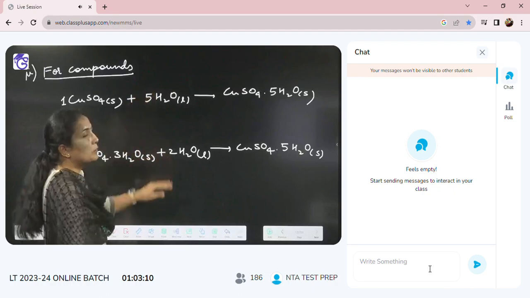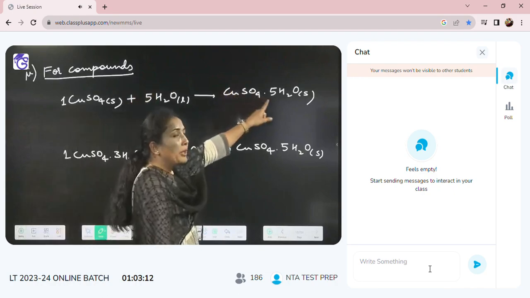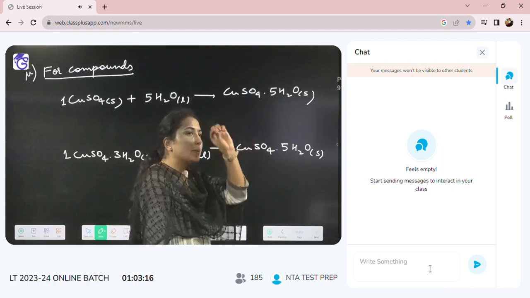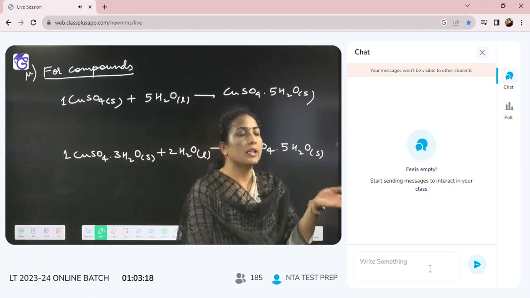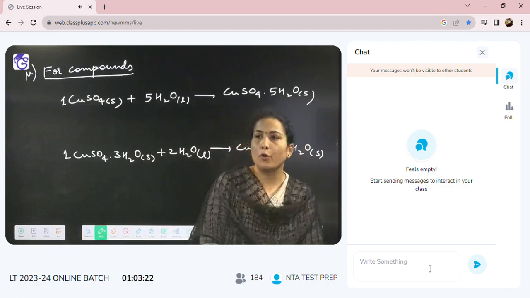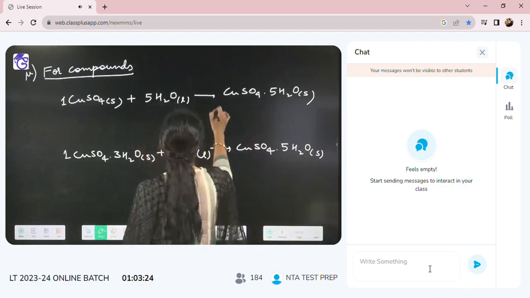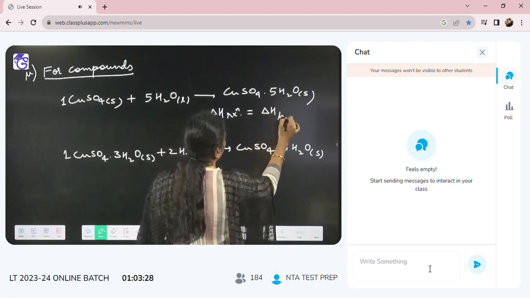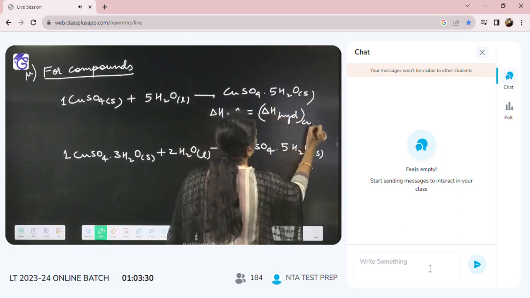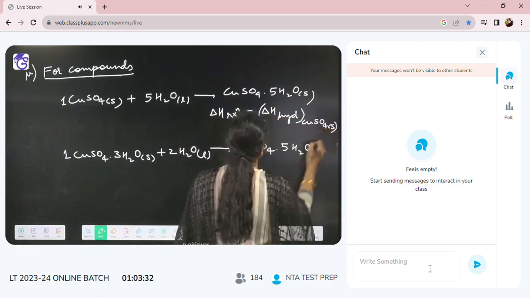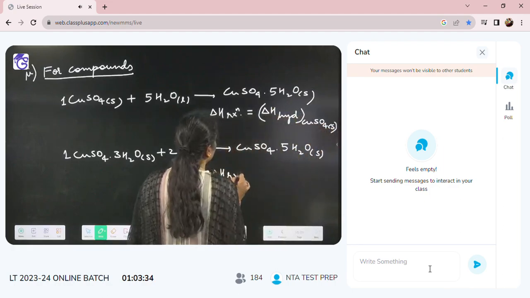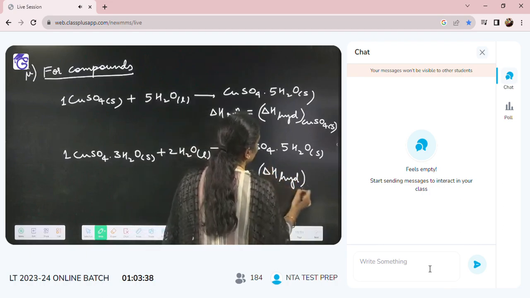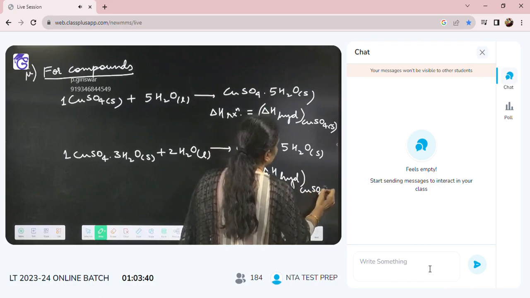When they are combining with a certain number of molecules, are they forming a specific formula hydrate here? So during this process, whatever is the enthalpy change, it is the enthalpy of hydration for this particular compound. So I'll be able to write down here deltaH for this reaction is equal to the enthalpy of hydration of CuSO4 solid here. And here deltaH of the reaction is the deltaH for the hydration of CuSO4 dot 3H2O solid.